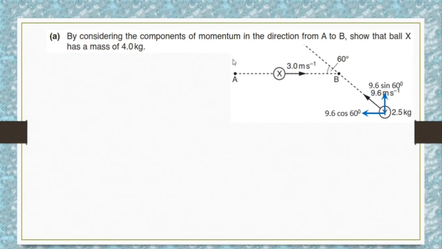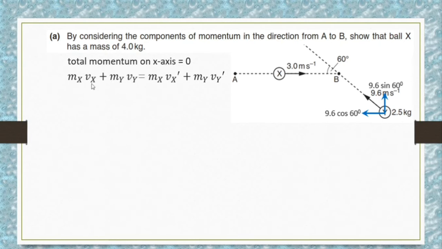We will see the x components of momentum. So the total momentum on the x-axis after the collision will be equal to 0. And then mx vx plus my vy equals mx vx prime plus my vy prime. This is the conservation of momentum.